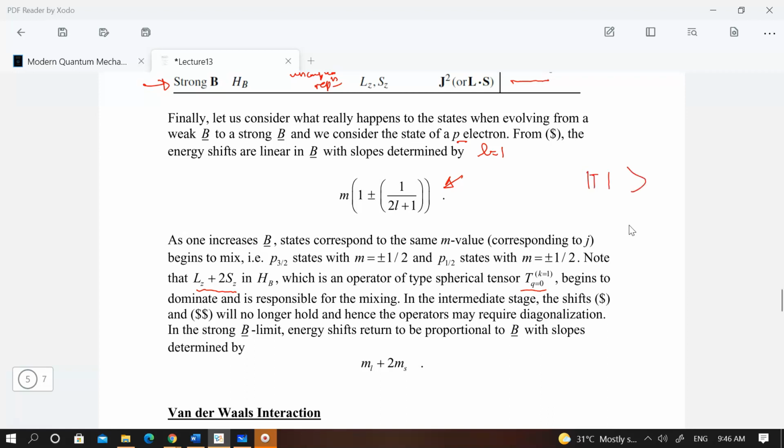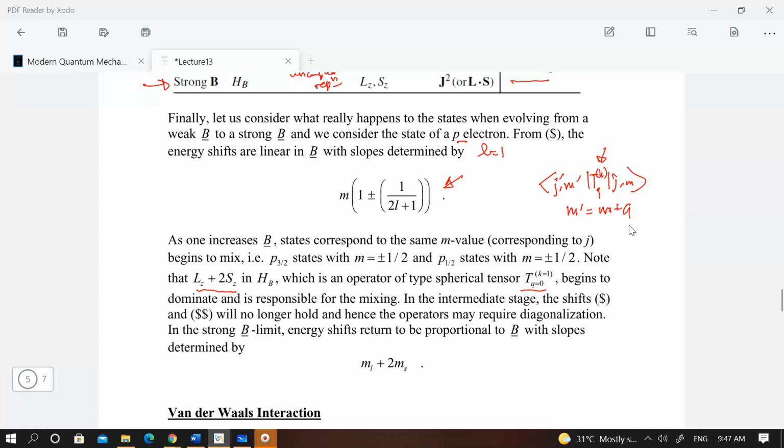When you have a spherical tensor over here, there is a relationship that you need to obey between your J and J dash. You probably remember that this has to equal M plus Q, and then your J and J dash will be related via this rank operator.